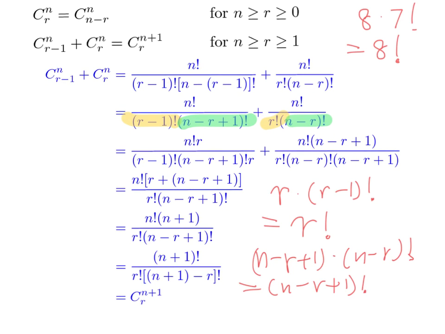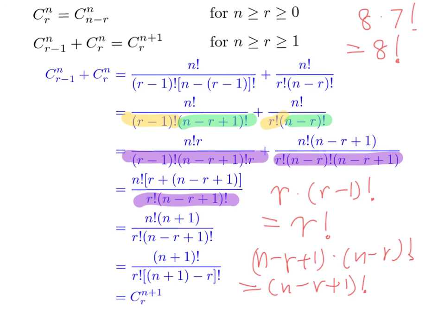So the denominator of the first term is just equal to r factorial times n minus r plus 1 factorial. And the denominator of the second term is also equal to r factorial times n minus r plus 1 factorial. So they have the same denominator.